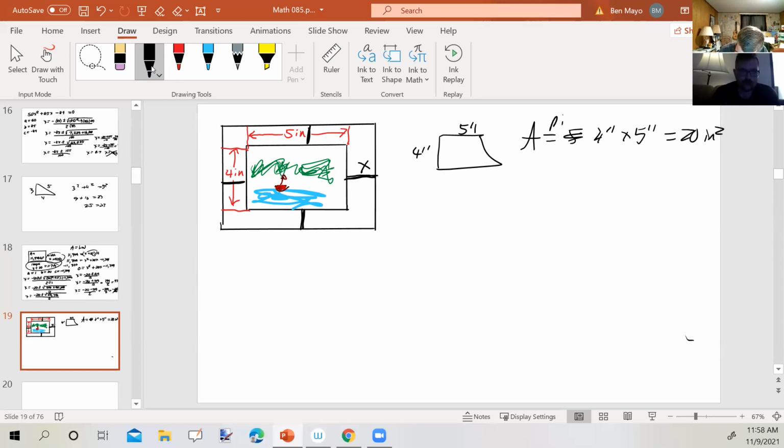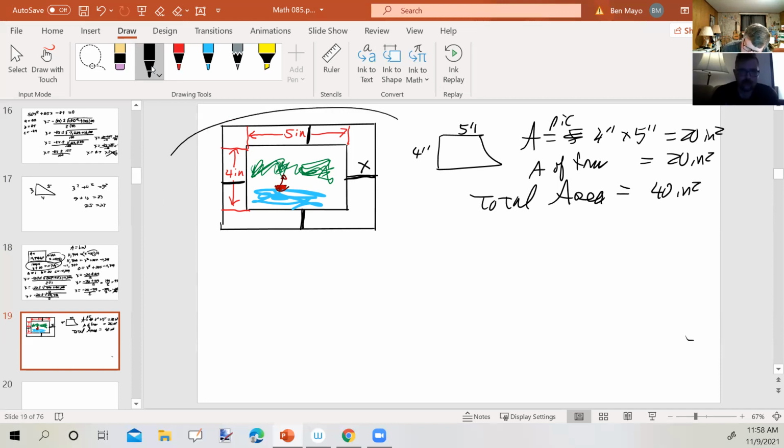So that's the area of the picture. The area of the frame is also 20 square inches because it said they're equal. So the total area would be 40 square inches. So everything, including the frame, the mat, and the picture, is 40 square inches, okay?